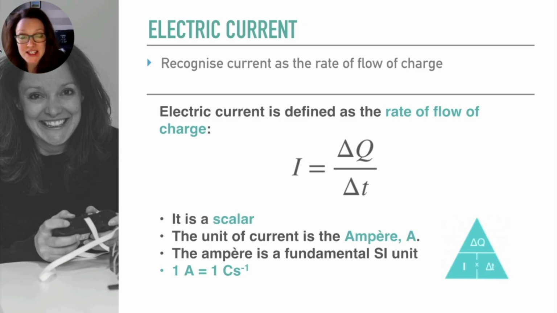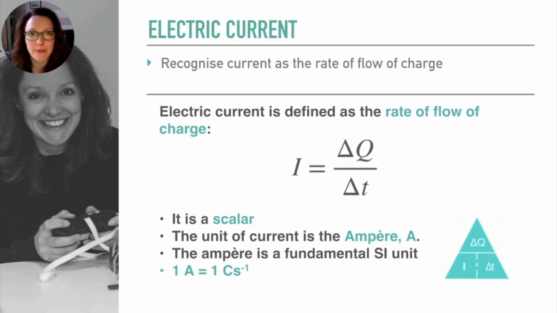Charge is a scalar. Time is a scalar, so it makes natural sense that current would be a scalar as well. The unit of current is the ampere, and I don't think that's a surprise to anybody. The ampere is a fundamental SI unit, which is important that you know. One amp could also be expressed as one coulomb per second, because if you look at the formula here, we've got coulombs, or charge, over time, so coulombs over seconds.